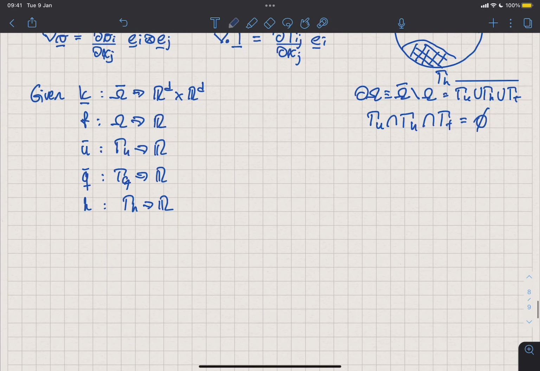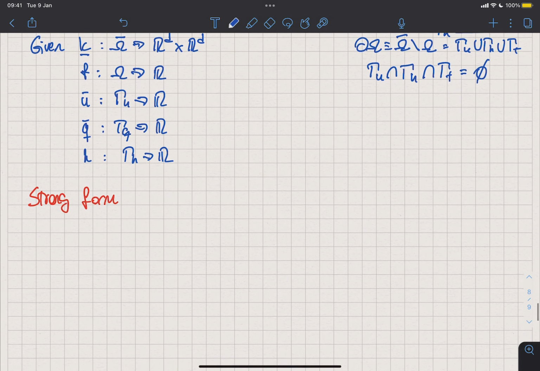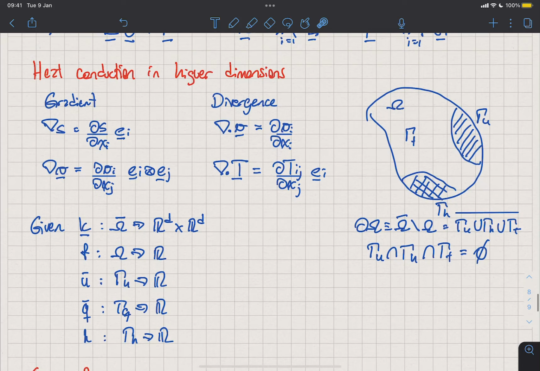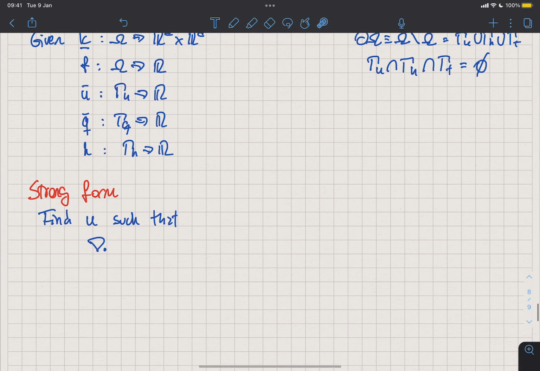Well, the strong form, following the same thing we did over and over, is find my temperature field U such that, and for the heat conduction in higher dimensions, the equation is the divergence. This symbol here is the divergence operator, as I wrote it here. This is the way I define the divergence operator. Many people do it this way.